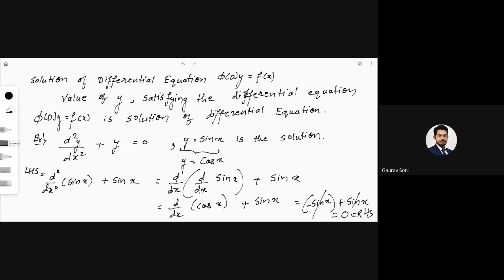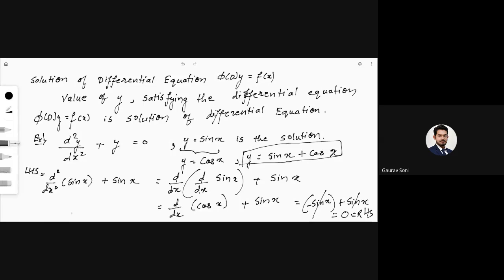So cos x is also a solution. Moreover, I will tell you now, you can also check this. Say y is equal to sin x plus cos x. This will also turn out to be a solution.